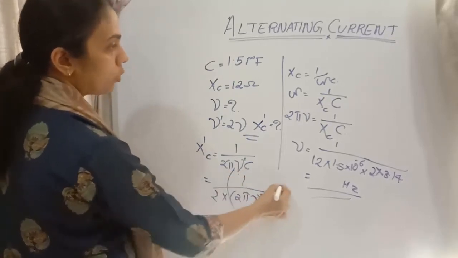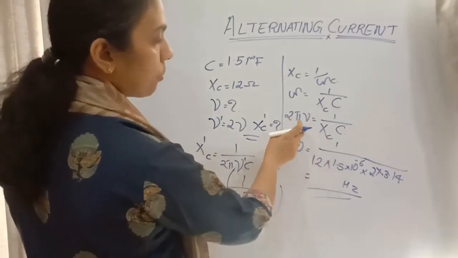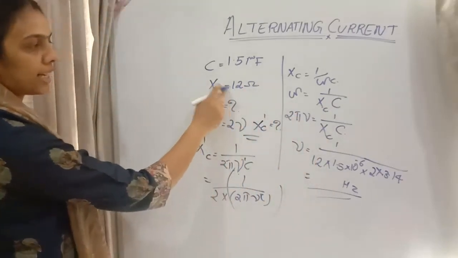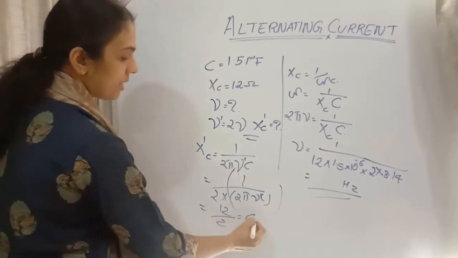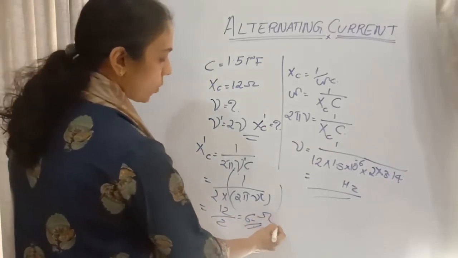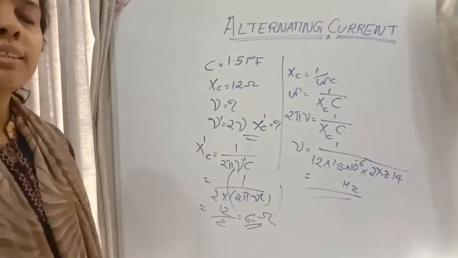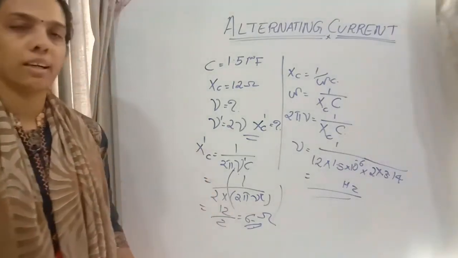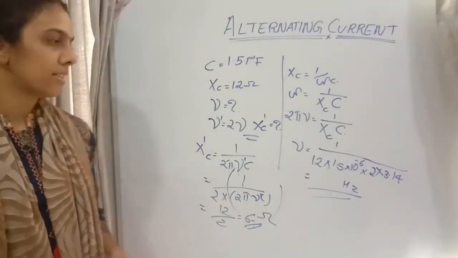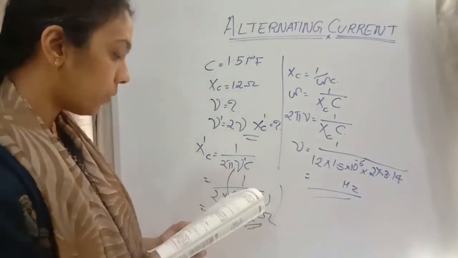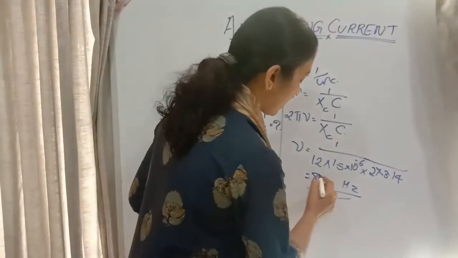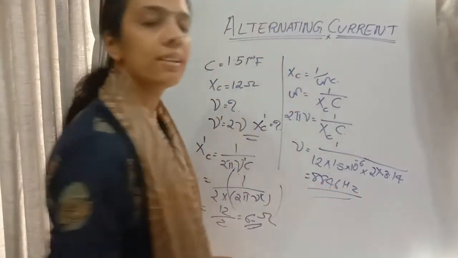What is 1 by 2 pi nu c? We got it as 12 ohm. So 12 divided by 2, the answer is 6 ohm. Okay, clear, children? This is the value of the capacitive reactance. The frequency you can find out while calculating. You will get it as 8846 hertz. This is the answer.